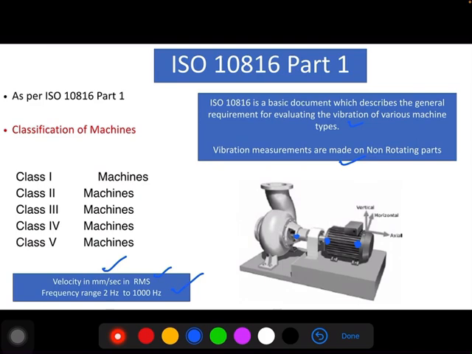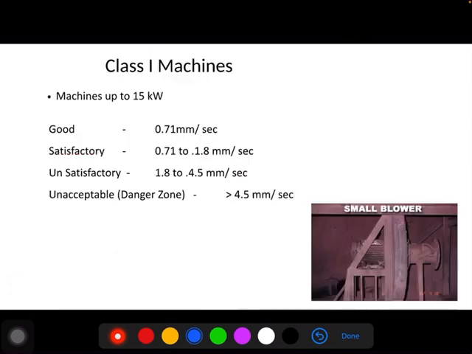In part 1 of ISO 10816, machines are broadly classified into classes: class 1, class 2, class 3, class 4, class 5. And these classes are mainly based on the kilowatt rating of the machine. Class 1 includes machines up to 15 kilowatt power.